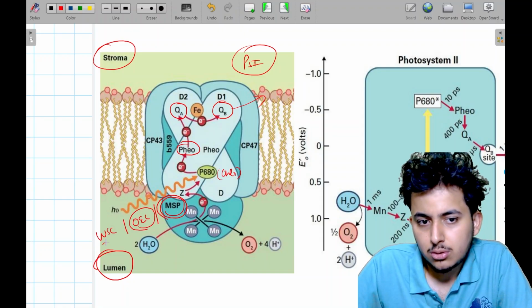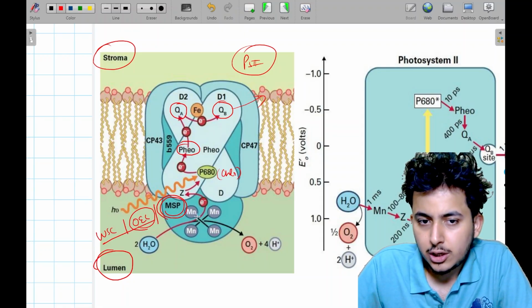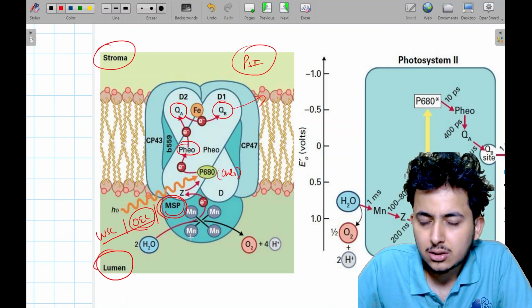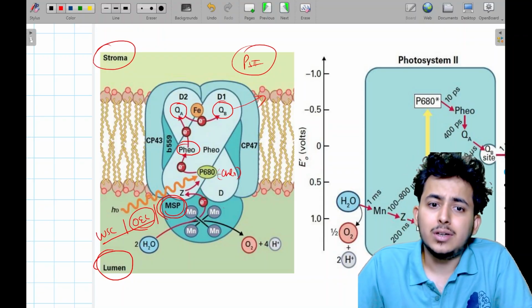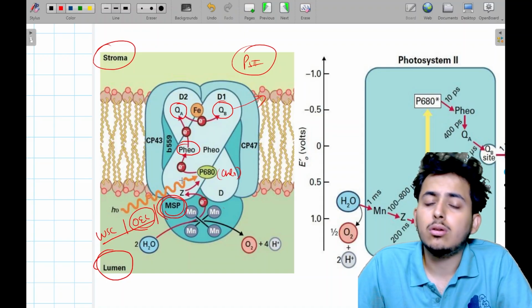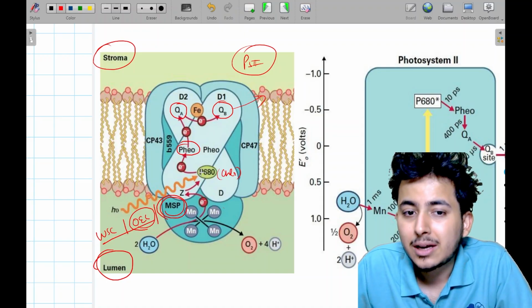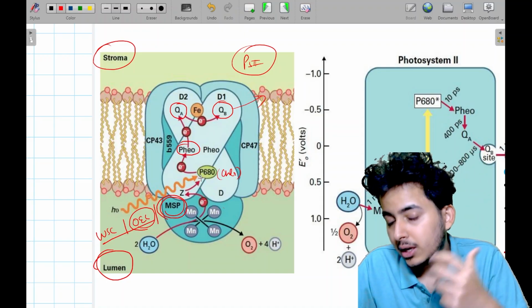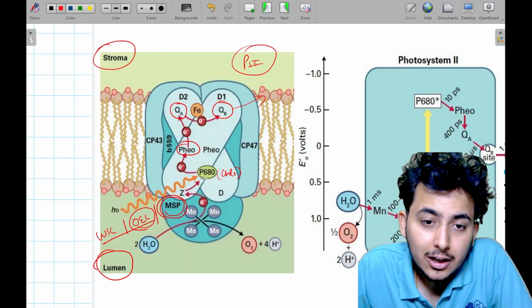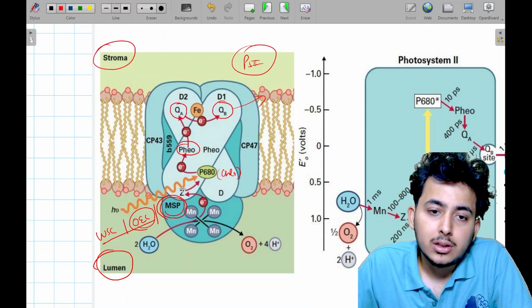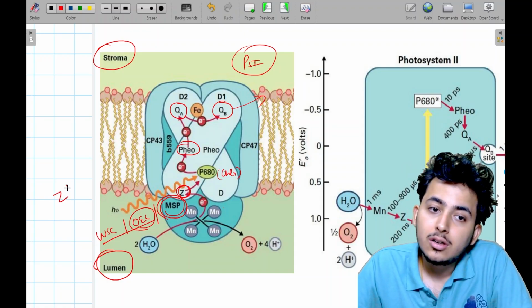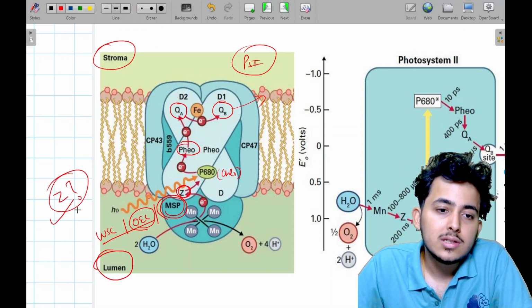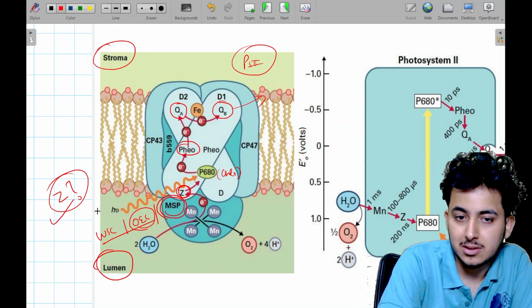Here you have 4 manganese atoms, and because P680, once it has lost an electron, becomes deficient in electrons, it will be taking the electron from this Z. Now what is this Z, guys? I will tell you in the further slide.